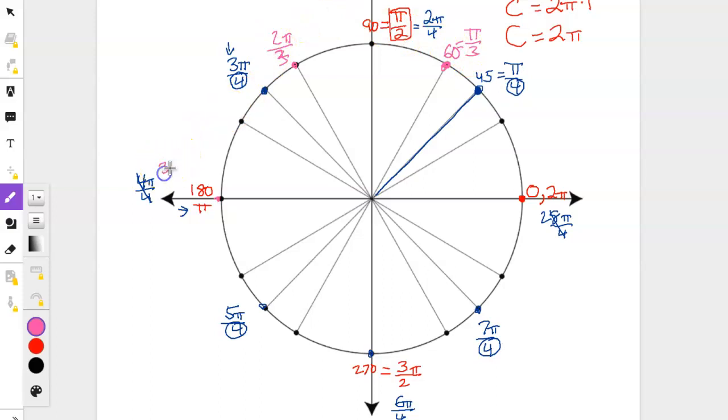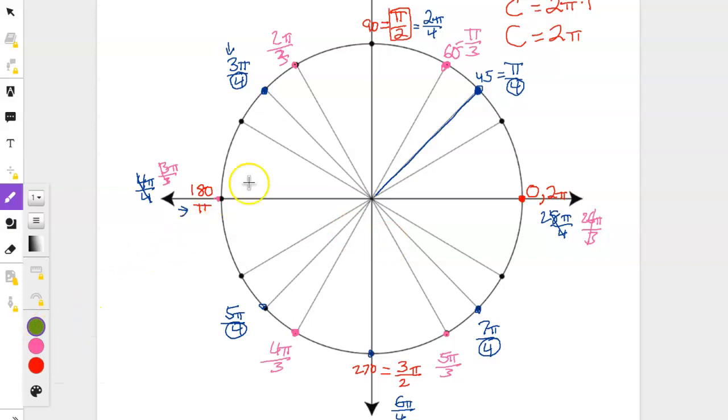This would be 3 pi over 3, right? Which, of course, cancels out to just pi. Next increment would be down here, which will be 4 pi over 3. Keep on going. We have 5 pi over 3. Keep on going, and it brings us back over here, which is 6 pi over 3. But, of course, 6 over 3 is 2. So we got 2 pi again.